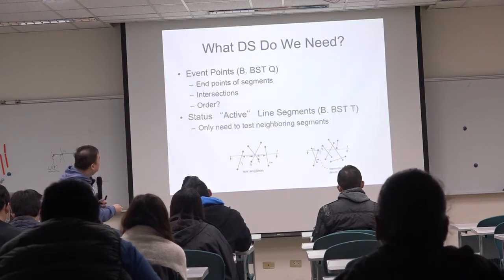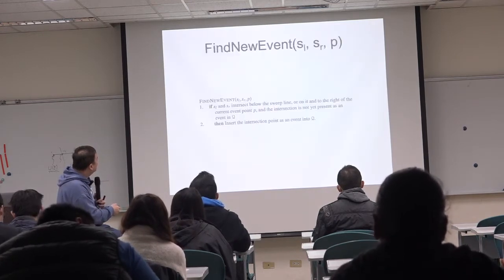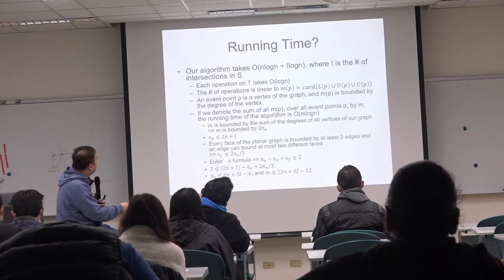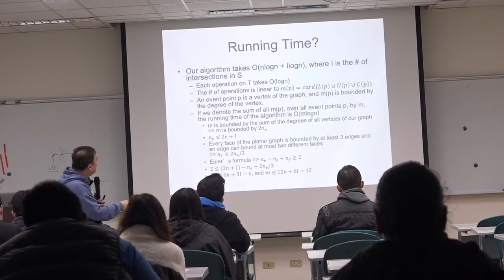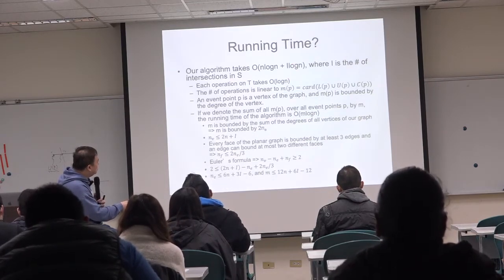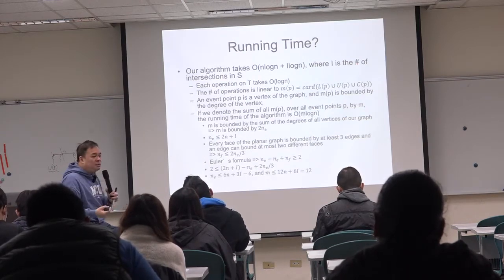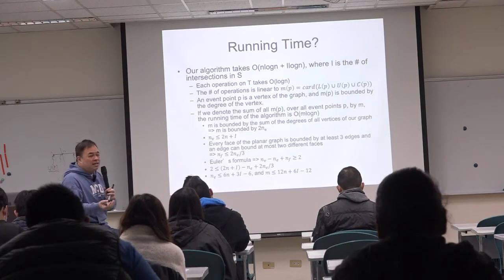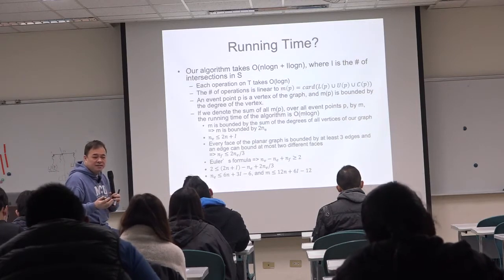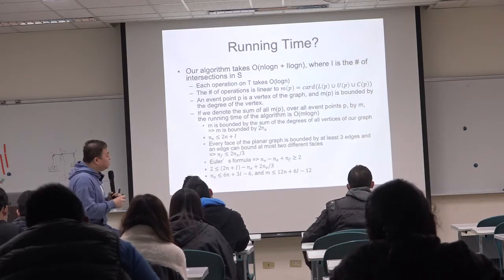You can see that because of the I log n term. I is the number of intersections in S, which happens to be the size of the output as well.